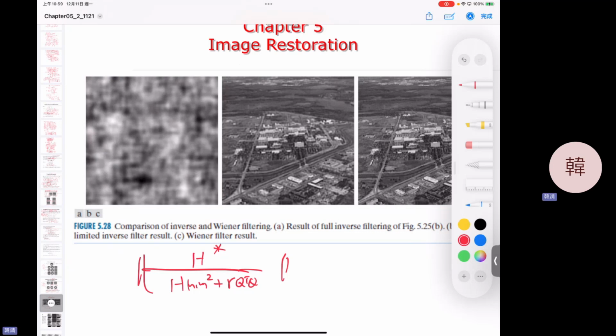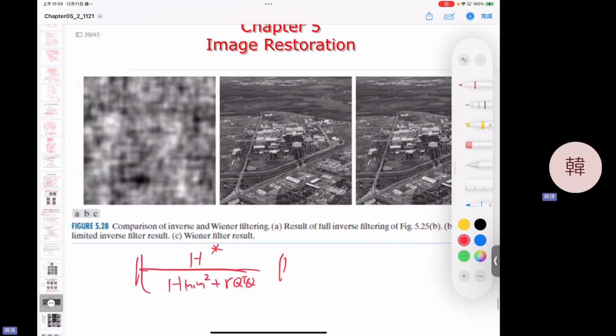Let me see. This one is the Wiener filter result, inverse filter. Oh, sorry, this is not yet. Okay, this is to compare with the previous approach. Remember, we gave some inverse filter, right? Immediately using the inverse, the result is like this one.